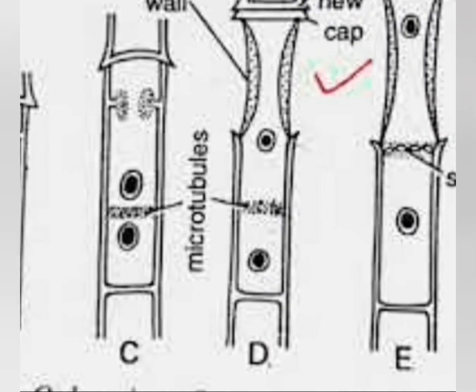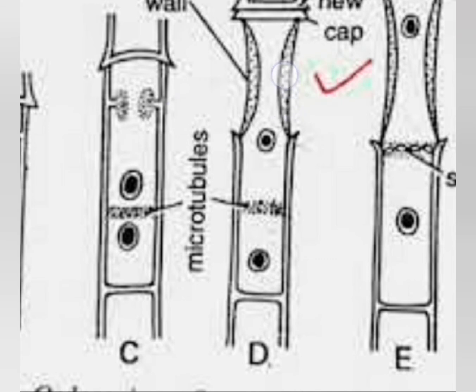Now let us talk about these radial thickenings. You understand what happened to the nucleus: it divides to give rise to two daughter nuclei, and between them microtubules develop. The ring-like thickenings gradually elongate.